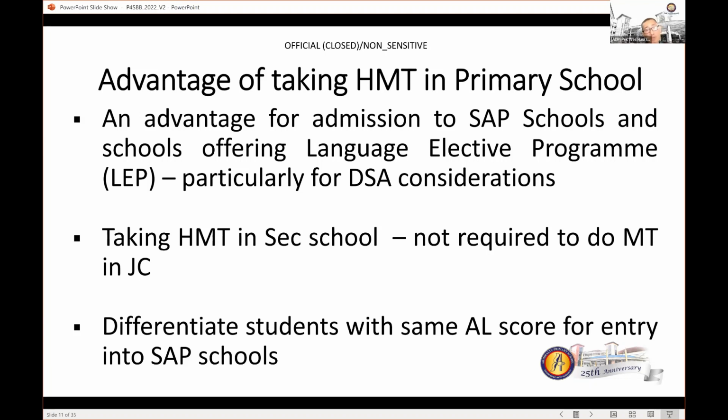So really, at the primary school age, to try to study the language at as high a level as possible, there are only advantages. And I'm saying this because year after year, we keep having parents that the teachers have to keep calling up to try to convince them to keep the children in higher mother tongue.